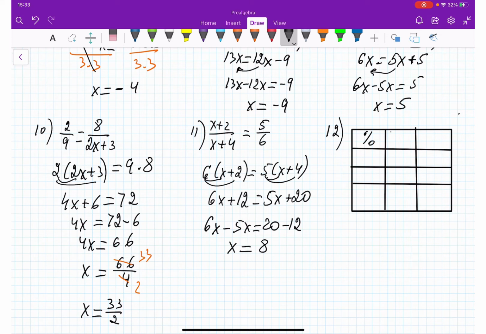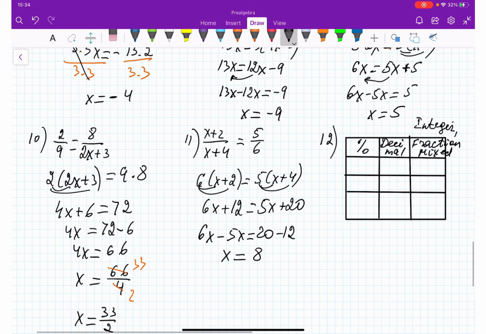Here we have decimal. Here we have integer, fraction, or mixed number. Integer, fraction, mixed number. Okay, it's not seen well.